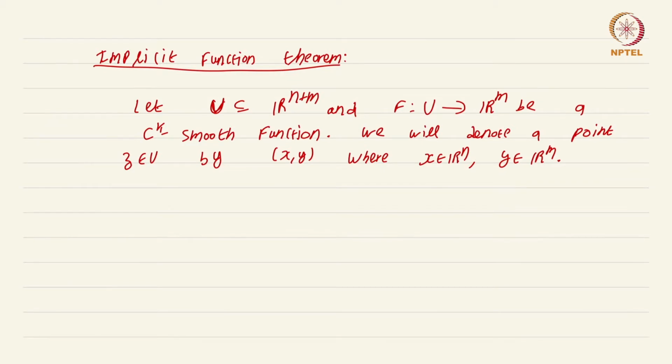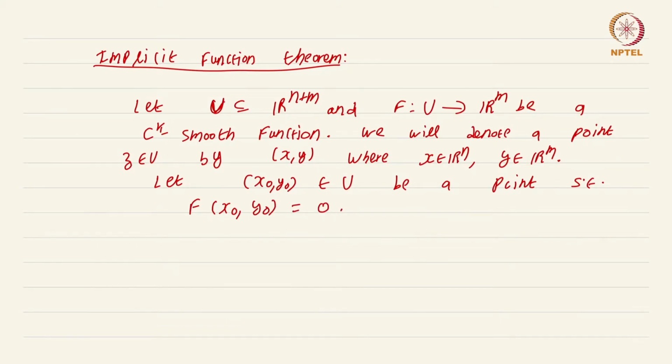The first n we have clubbed together and called x, and the remaining we have called y. Let (x naught, y naught) in U be a point such that f of x naught y naught is 0.